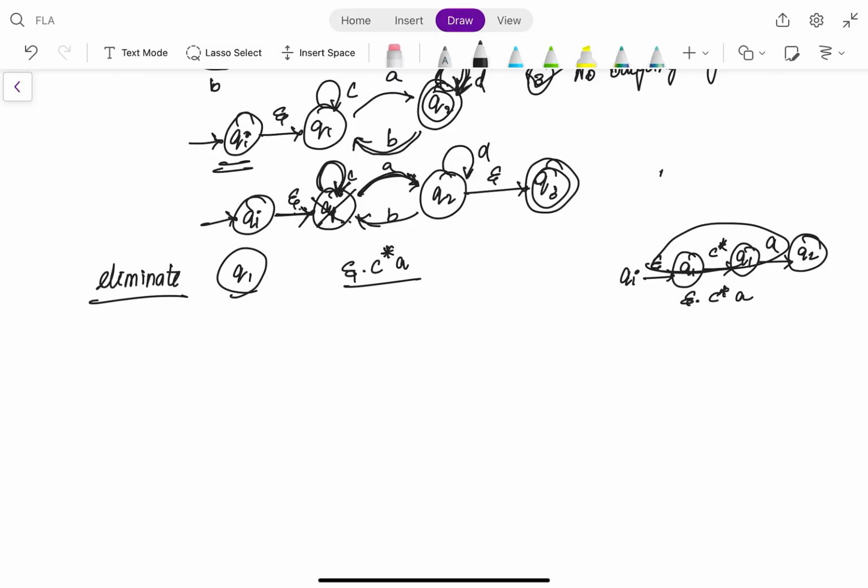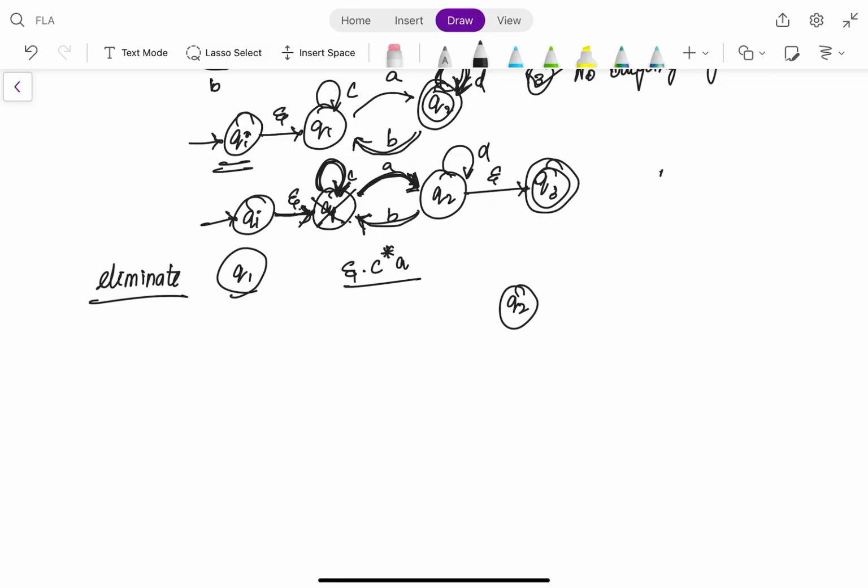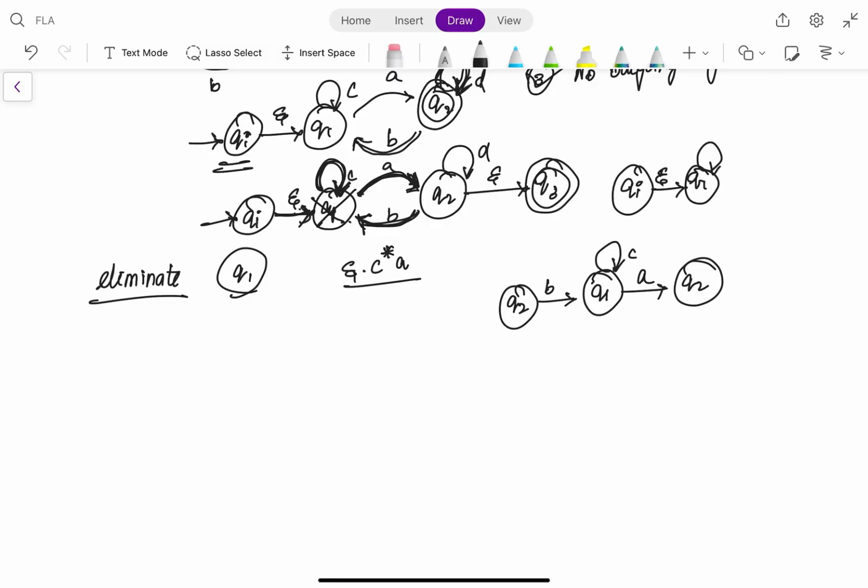But we have another incoming transition B. You can reach Q2 through this path, or you can reach Q2 by another: Q2 on B goes to Q1, Q1 has the self loop of C, and then A goes to Q2. So this is one path, and the other path is Qi on epsilon to Q1, self loop C, A to Q2.